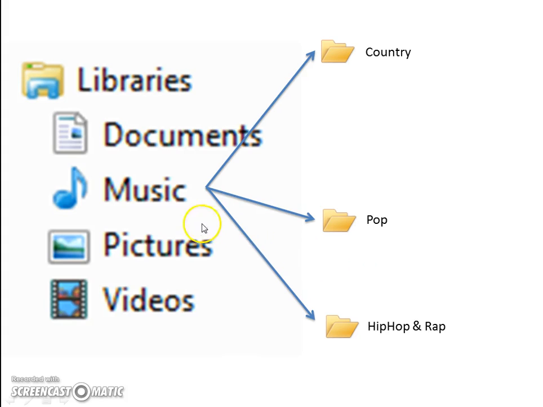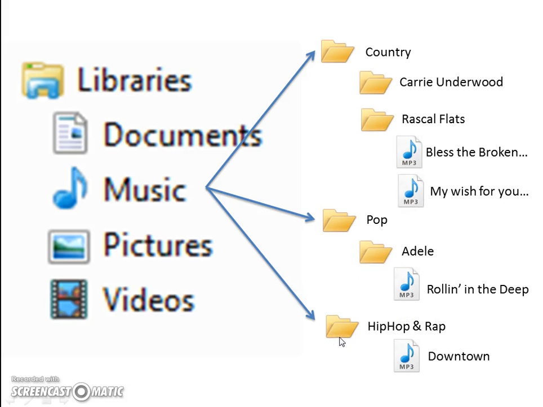Another way to do it would be, under music, to arrange by type of music. So here I've got country, pop, and hip hop. And then under those, I can have more folders. So you can actually have a folder in a folder. And as you can see here, you can have multiple folders in one folder.